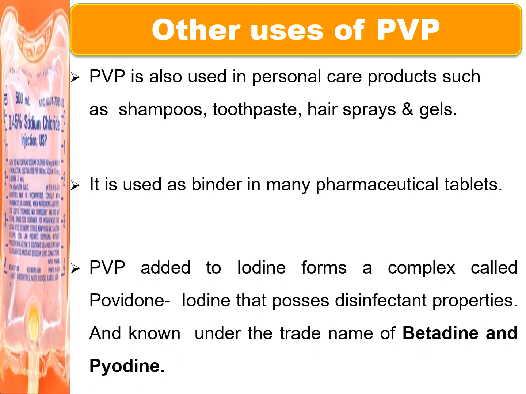Polyvinyl pyrrolidone added to iodine forms a complex called povidone iodine that possesses disinfectant properties and is known under the trade name of Betadine.